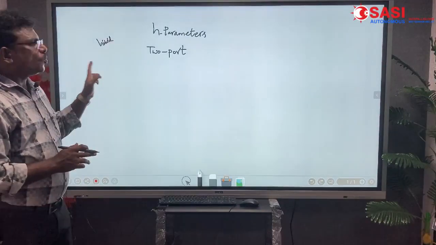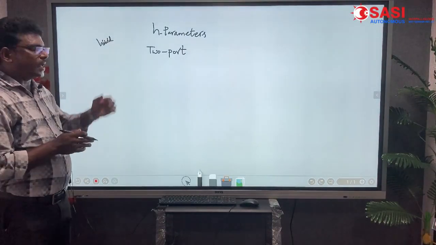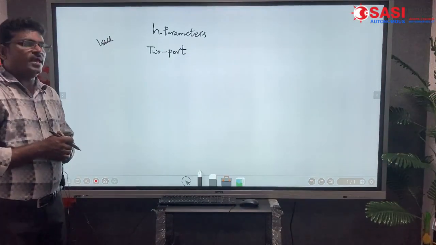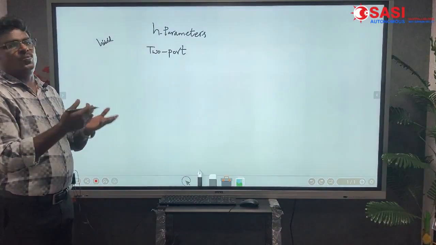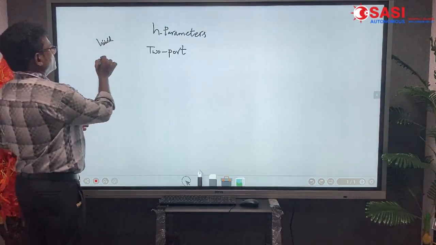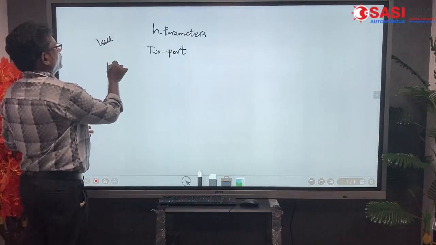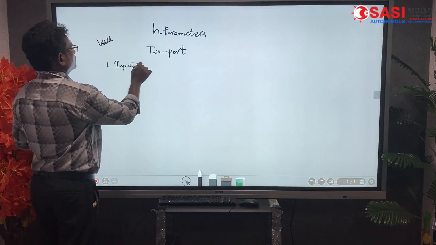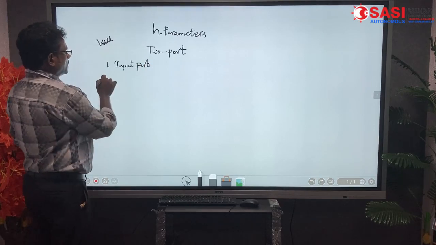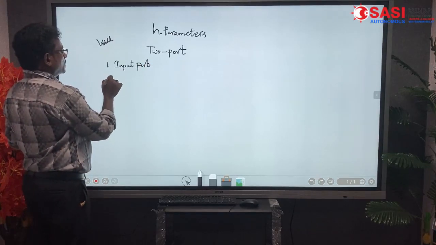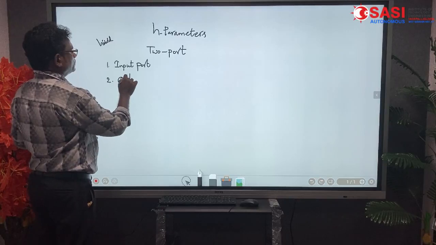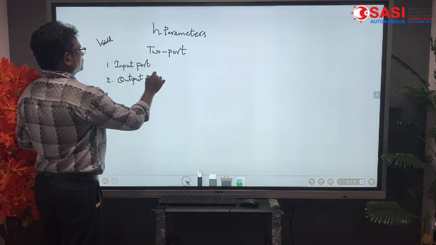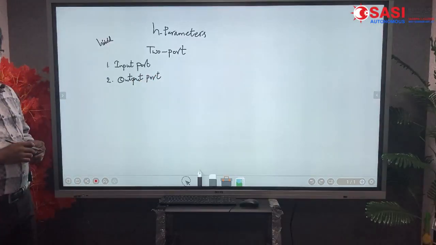According to the name, two ports are available: the first port is the input port, and the second one is automatically the output port.